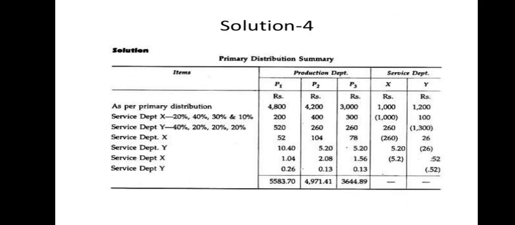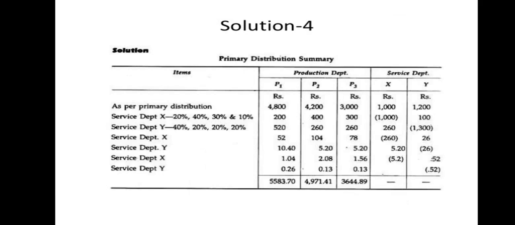So here if we take service department X, 52, then production department 2, 104, production department 3, 78. Means what we are doing, whatever balances are there in service department X and Y, we are apportioning them on that basis.